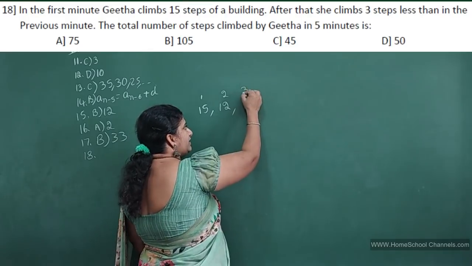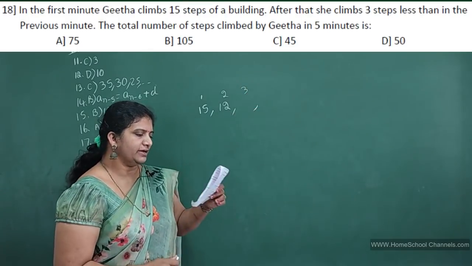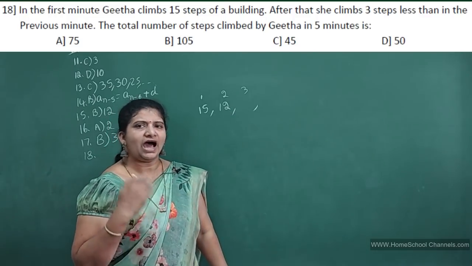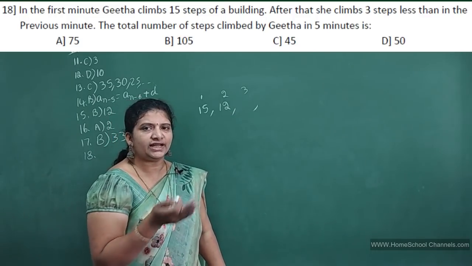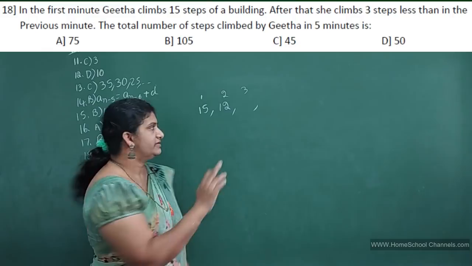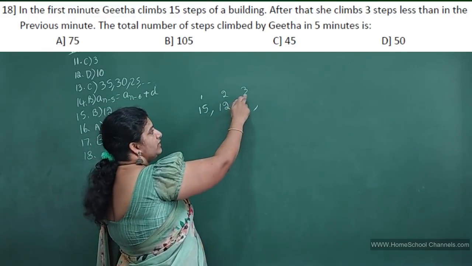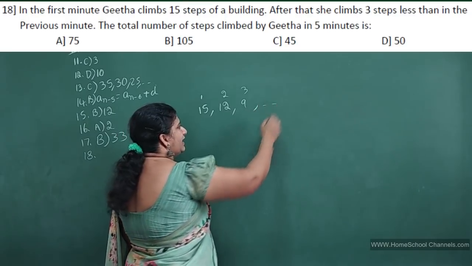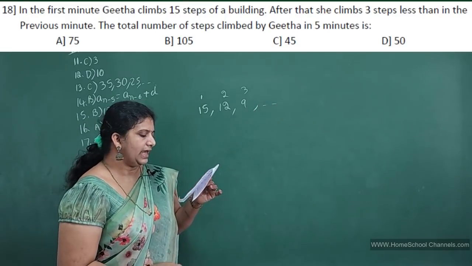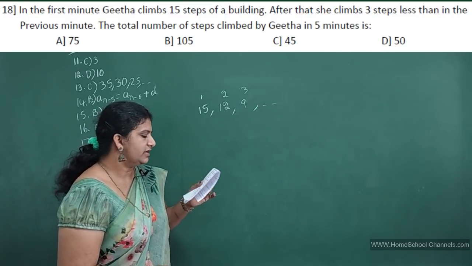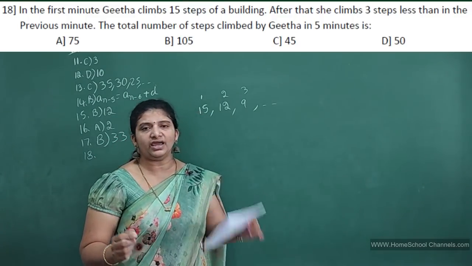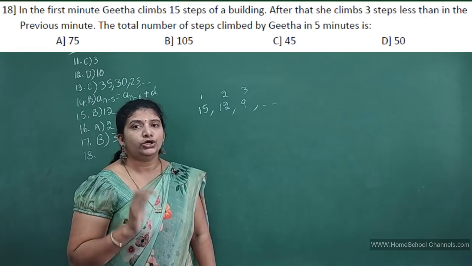And third minute, so on, they have said here. After that, every minute, she climbs 3 steps less. Second minute, 12. Third minute, again you subtract 3, it will be 9. So on. And now your question is the total number of steps climbed by Geeta in 5 minutes.